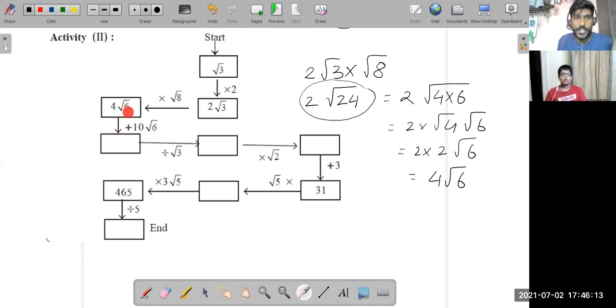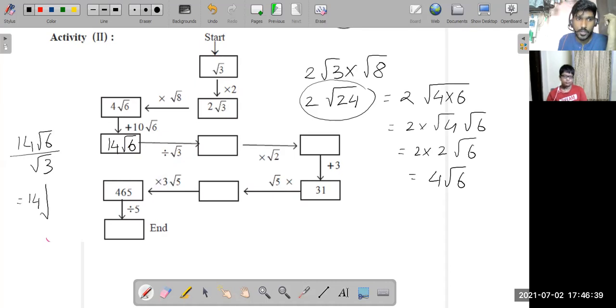Now this addition you can tell me orally. What will it be? 4 root 6 plus 10 root 6. They are like terms, so 14 root 6. Now here you have to divide 14 root 6 by root 3. So 14 stays as it is, and you can put a common root for 6 upon 3.